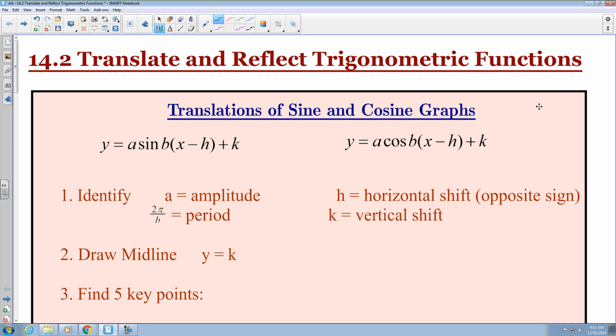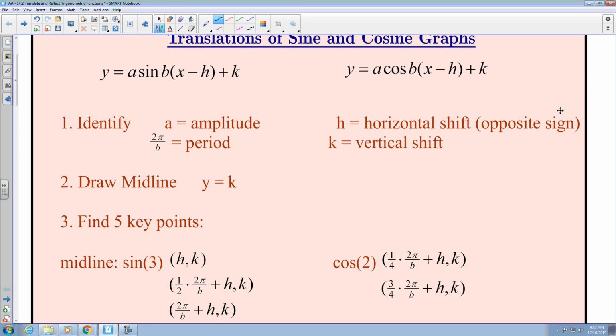What changes now is basically you're still looking for 5 key points, but instead of looking for x-intercepts per se, now you're going to be looking at what is called the midline of these trig functions, because now we're moving away from those key points off of the x-intercept, and it's somewhere else depending on the shift of the values of h and k.